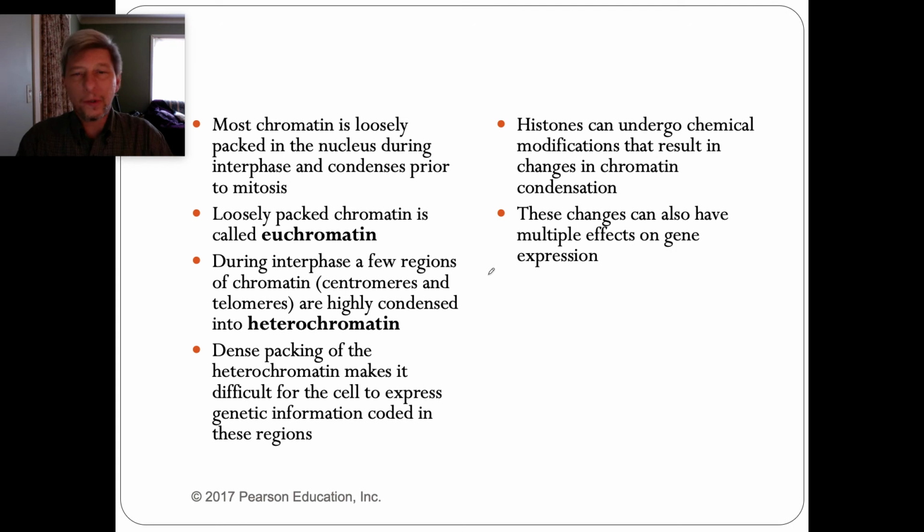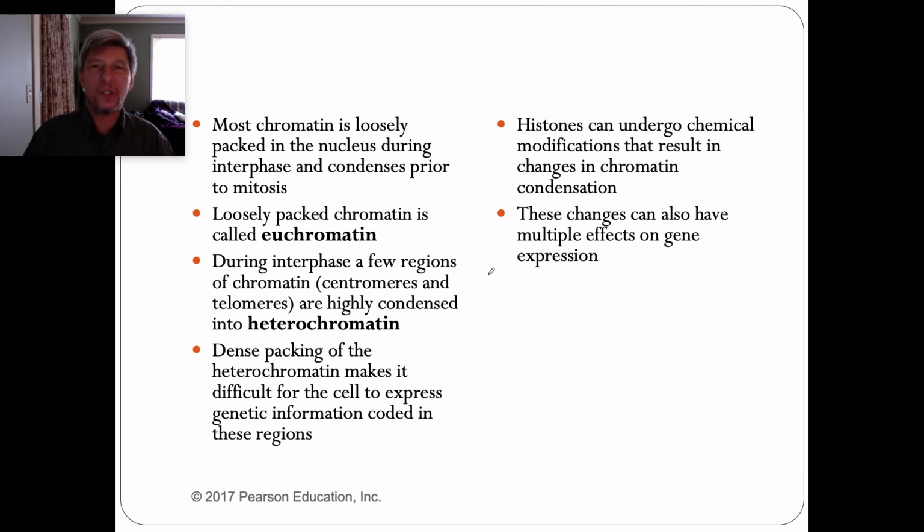Now, during interphase, most of the chromatin is loosely packed, but it does condense prior to mitosis and to meiosis. The loosely packed chromatin is called euchromatin, which literally means true chromatin. But the very ends, where you find the telomeres, is actually called something different. It's called heterochromatin because it's much more tightly packed, which makes it very difficult for genes in that area to be expressed.